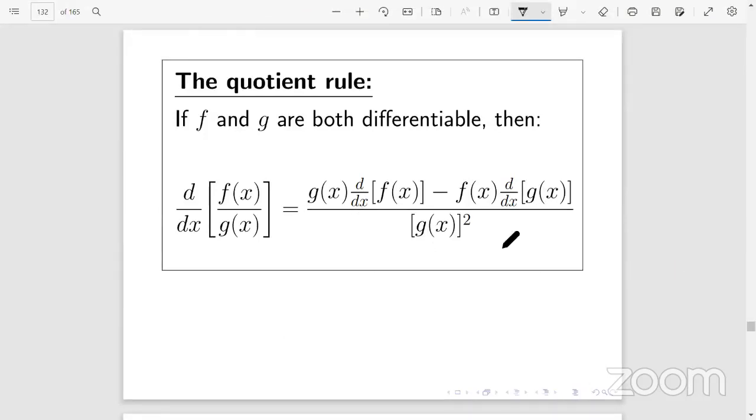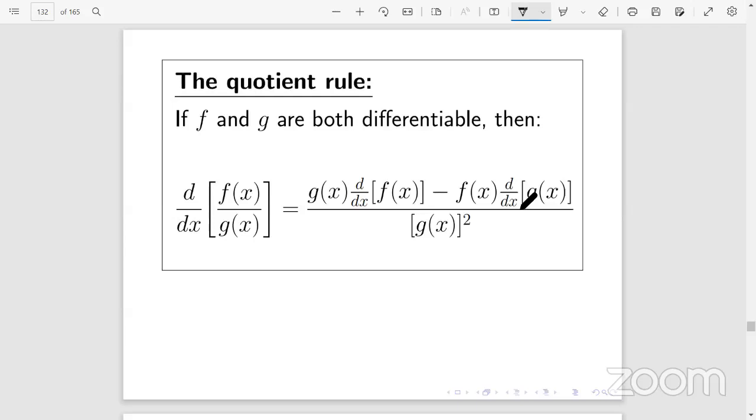So we are saying that to differentiate f of x over g of x, keep g of x, the denominator, constant, differentiate the numerator, minus, keep the numerator constant, differentiate the denominator, all over the denominator squared. Here the order is important. Remember that with the product rule, it doesn't matter which one you keep constant and which you differentiate.